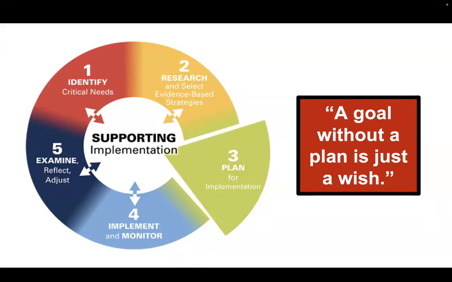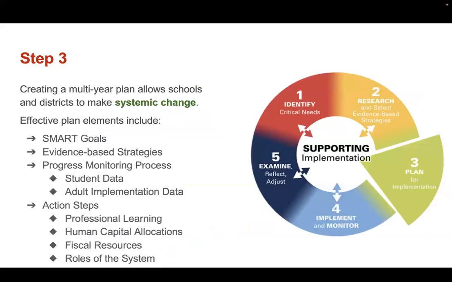You're going to be creating SMART goals. It's recommended that you have a limited number of good SMART goals. You don't want to overextend yourself. And they do need to match up with those priority needs that you've already selected. Same with the evidence-based strategies.